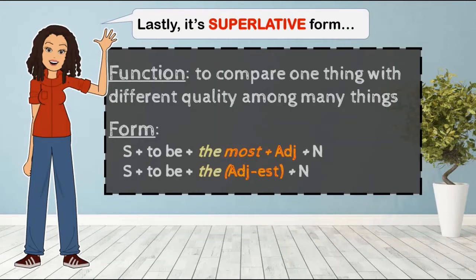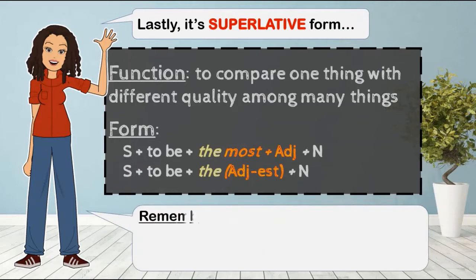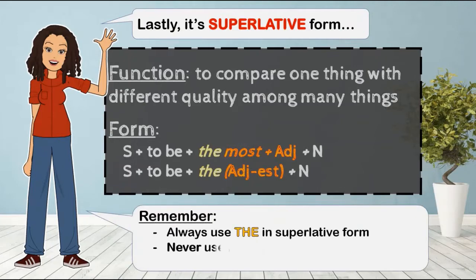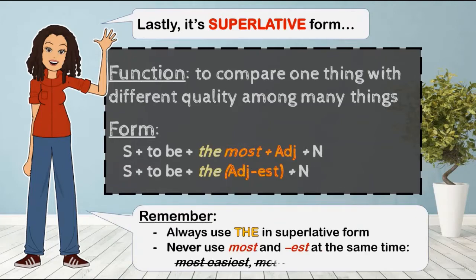And then, the same as the comparative form, there are two different forms here. The first one is using most, and the second one is using the suffix est. And remember, the characteristic that differentiates the superlative from the comparative and the positive ones is the use of the before most plus adjective, and before the adjective plus est, and then it must be added with a noun, so only a single noun.